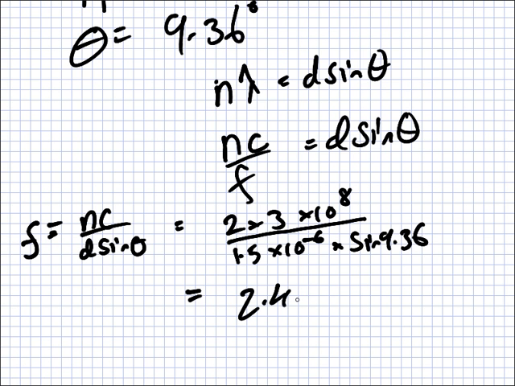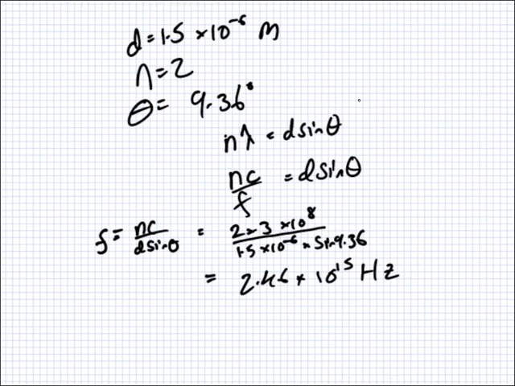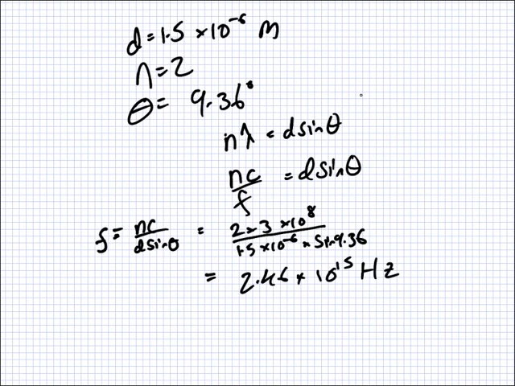In this part, they want f. We need n lambda equals d sine theta.